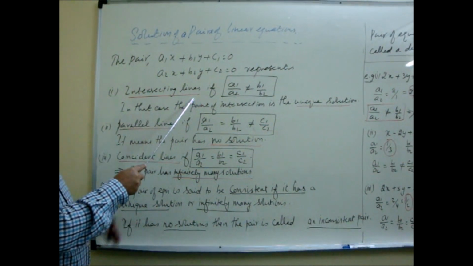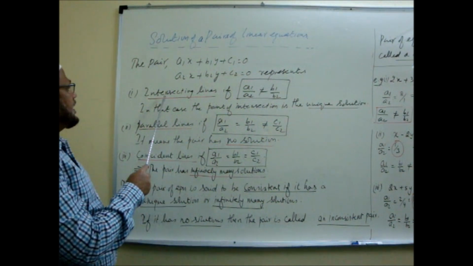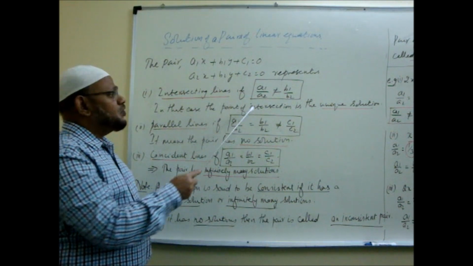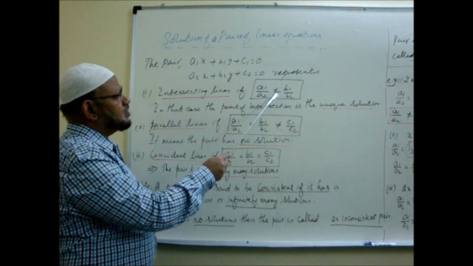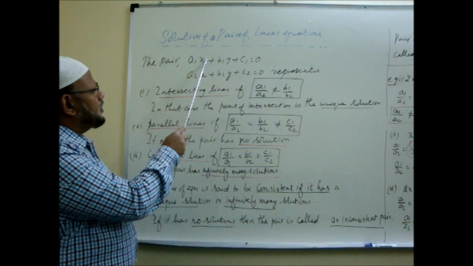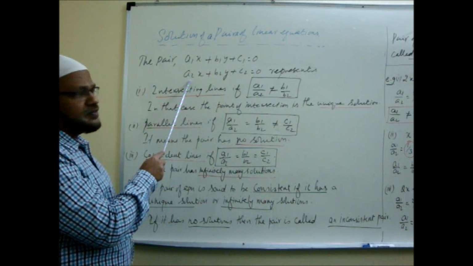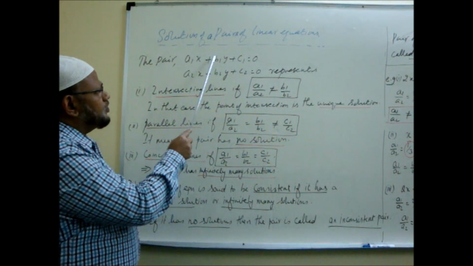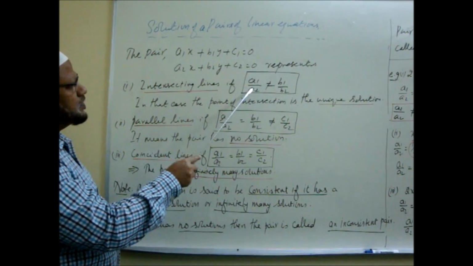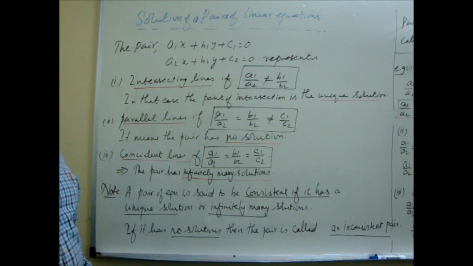From the graphs we have drawn, we come to the conclusion that these two lines will be intersecting when a1 by a2 is not equal to b1 by b2, meaning the ratio of coefficients of x in these two, that is a1 divided by a2, and the coefficient of y in the two equations. If these two ratios are not equal, then note down that the two lines intersect at a point.